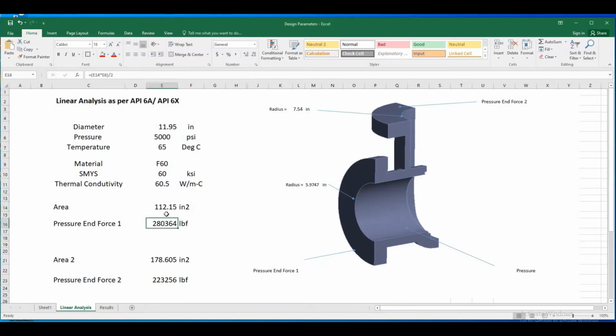The calculation is shown here. Please note that the end forces are divided by 2 and 4 to consider the half symmetry and quarter symmetry of the model accordingly.